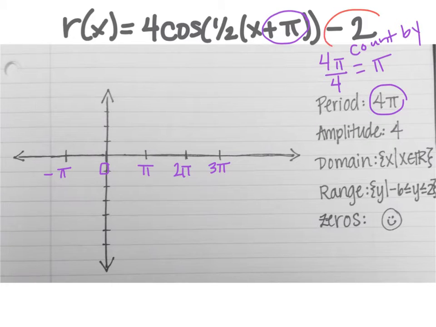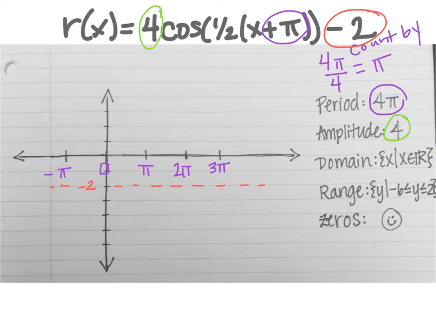So this negative 2 again shifts the midline down 2. At negative 2 on the y-axis, I'm just going to put a bit of a dotted line there that's like my new x-axis. I'm going to think of that as the center of the graph. From the midline, I'm going to travel the distance both up and down of the amplitude of that 4 that's in front of the cosine.